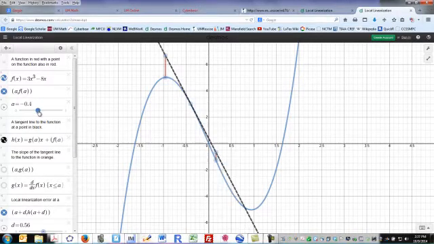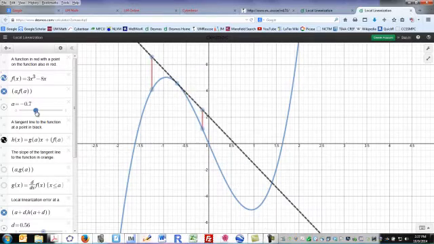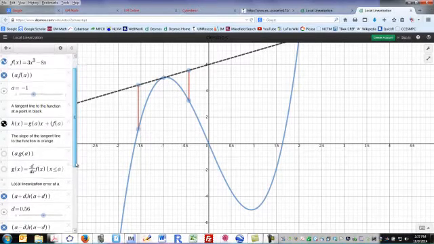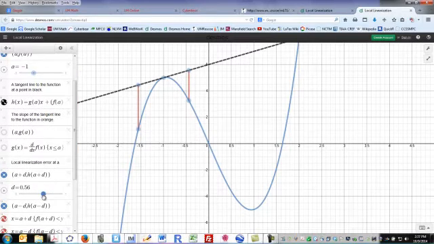Now I can see that the line itself grows quite a bit away from the function if I'm on one of these points of high curvature. In other words, if I want to quantify the error, I'd have to consider local linearization only to be valid in a very, very local sense, somewhere in the neighborhood there. If I was a whole unit away, I would think, oh, that's not representing the function well at all.